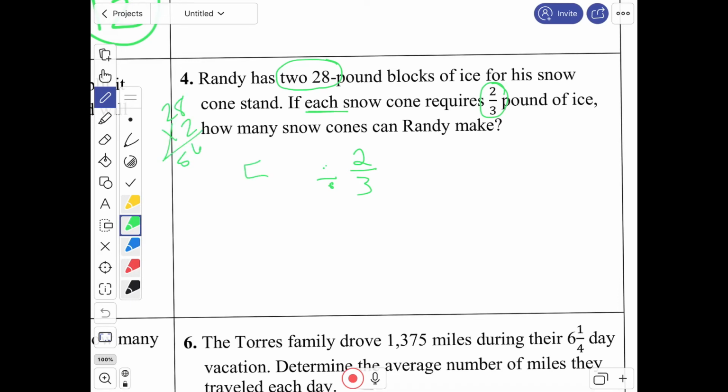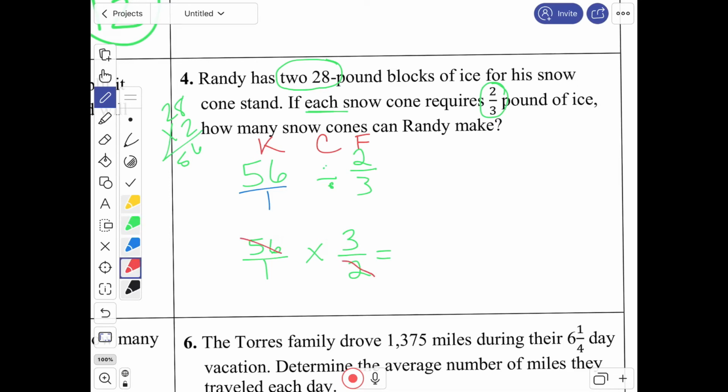Well, 2 28-pound blocks would be 56. So it's 56 divided by 2/3. First thing I want to do is put a 1 under him. And then I can do keep, change, flip. So keep the 56 over 1, change to multiplication, and flip.